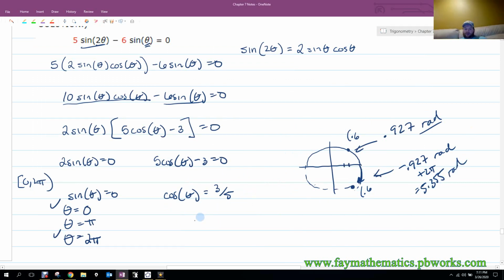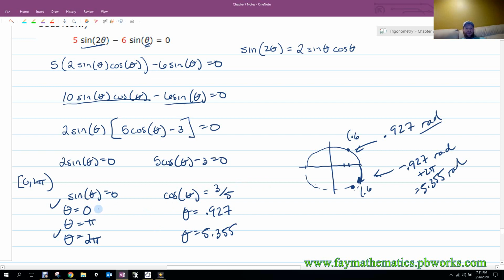Okay, so those are my two solutions now for theta here with this cosine. So it's 0.927 radians and 5.355 radians. But it wanted the infinite number of solutions. And I don't think I've rounded to the right number of decimal places, but you guys can figure that out.